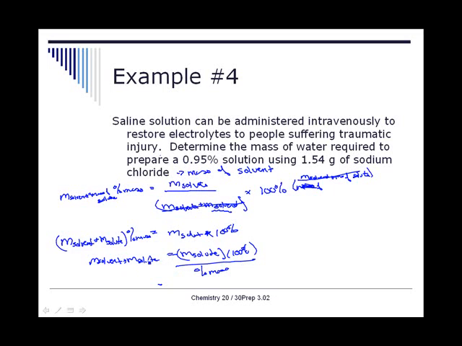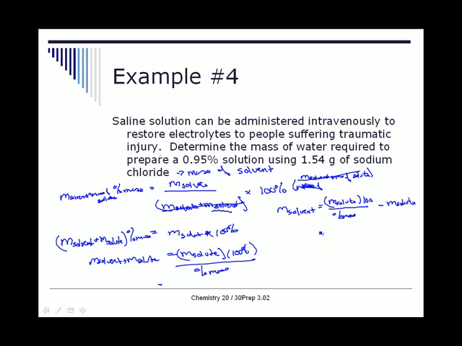And finally, we're going to subtract the mass of our solute. So the algebra is a little bit more complicated, but the mass of our solvent is equal to the mass of solute times 100 over our percent mass minus the mass of our solute.